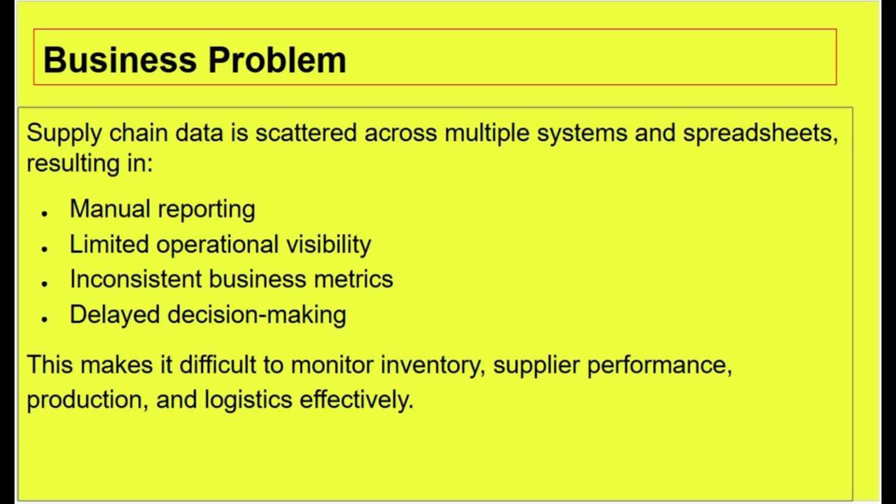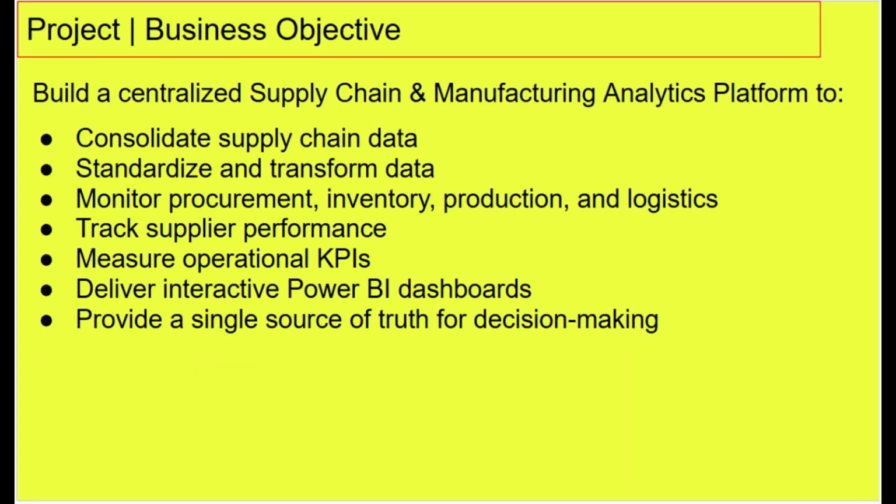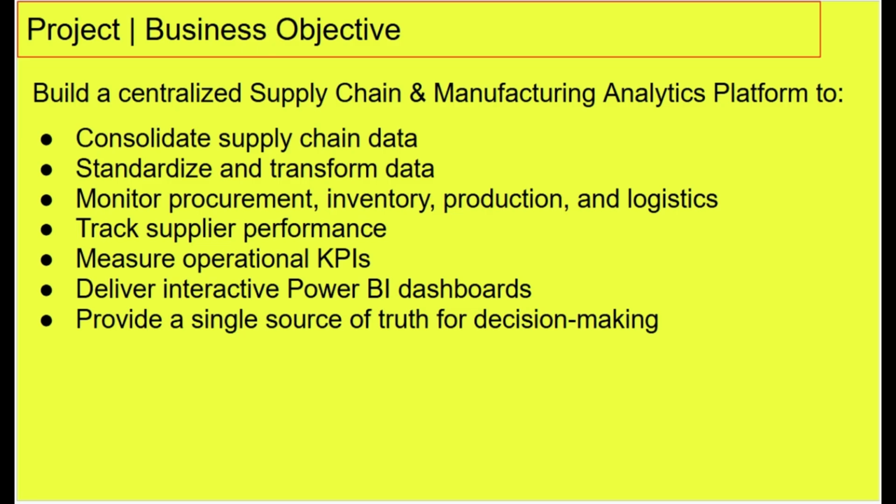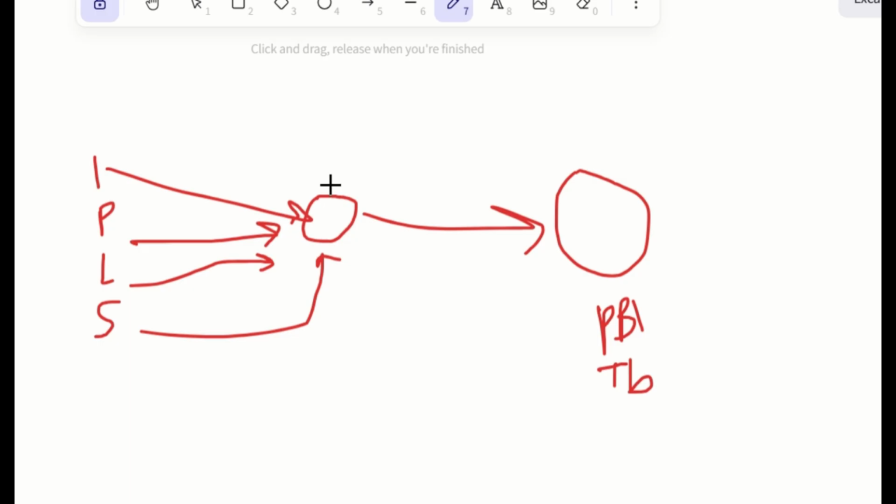So let's find the project objective. First is to build the centralized supply chain and analytics location. For this case, we call it a data warehouse. A data warehouse is where we collect all the data of the organization into that single place.